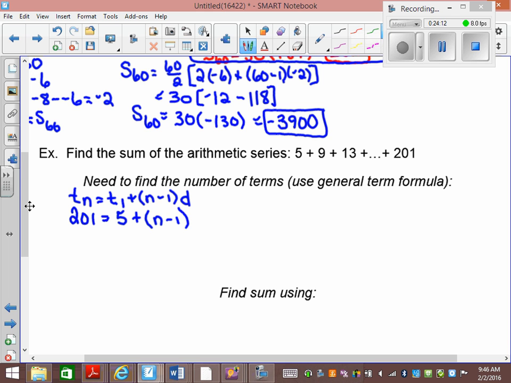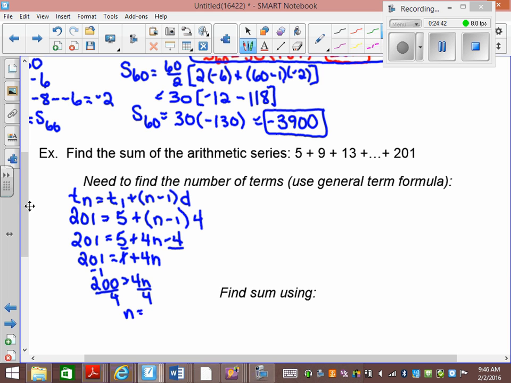And what's d, Cole? Yeah, 9 minus 5, which is 4. So we get 201 equals 5 plus 4n minus 4. We get 201 equals 5 minus 4, which is 1, plus 4n. Move the 1 over by subtracting it, and we get 200 equals 4n. Divide by 4, and you should get 50.